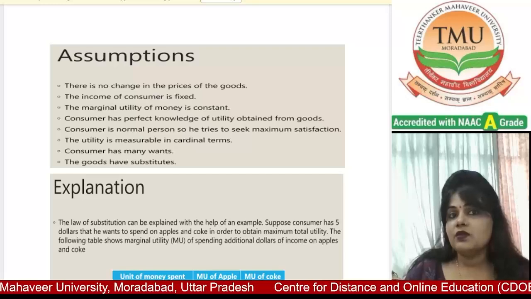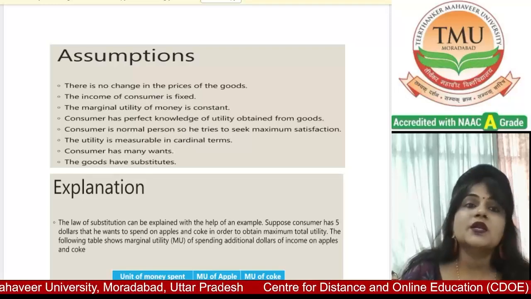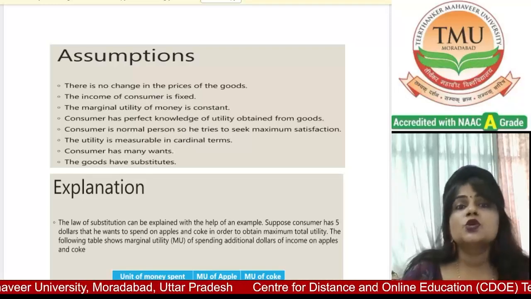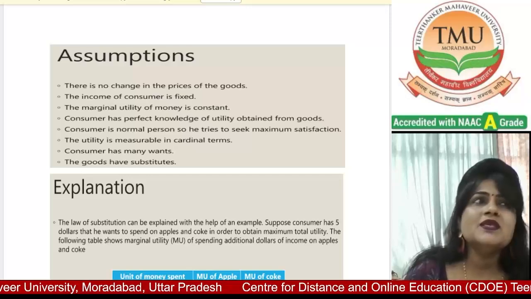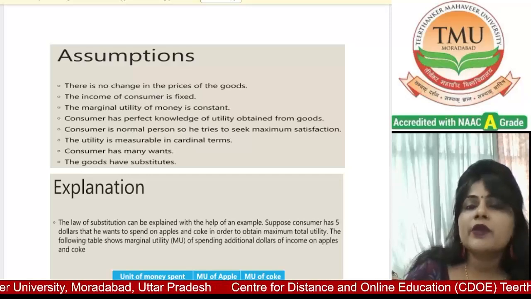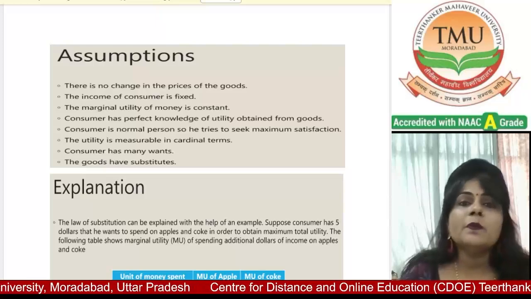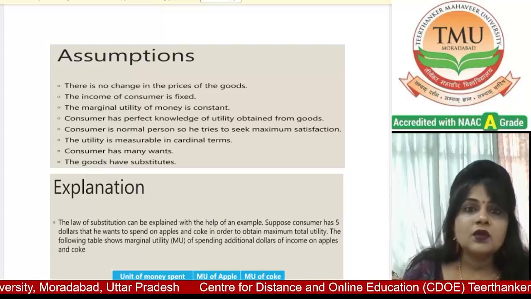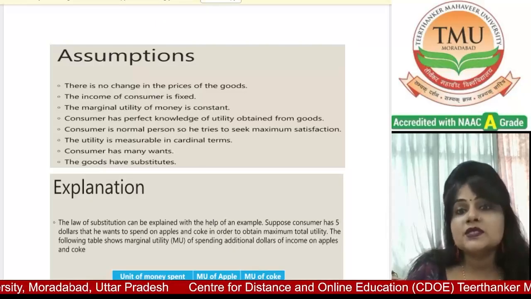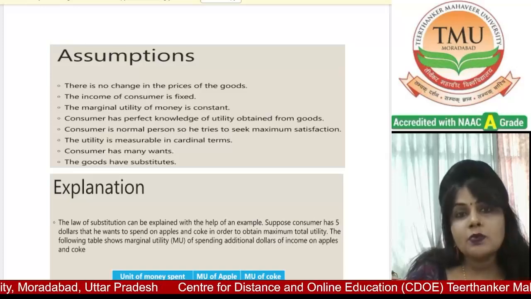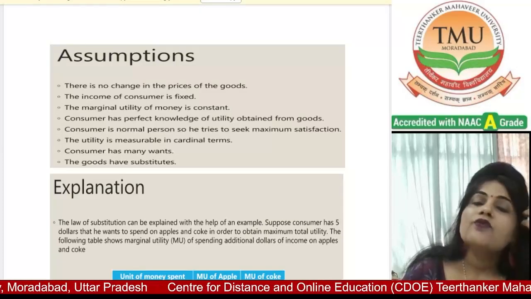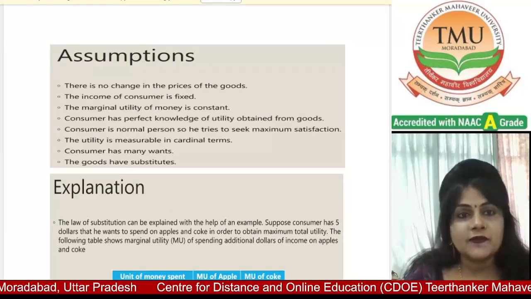In economics, we consider that the consumer is rational and he should be a normal person. It means he shouldn't be a drinker or abnormal, because a drinker or abnormal person can't try to seek maximum satisfaction, but a normal person can find out the maximum satisfaction.